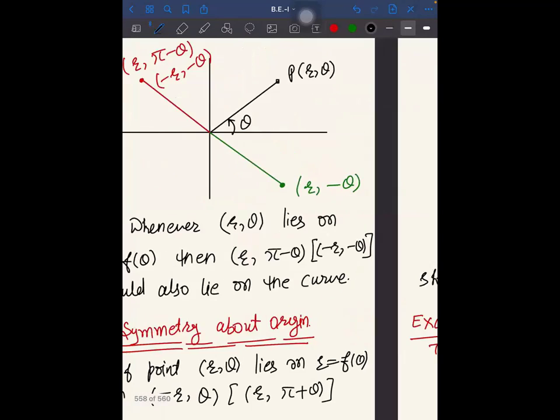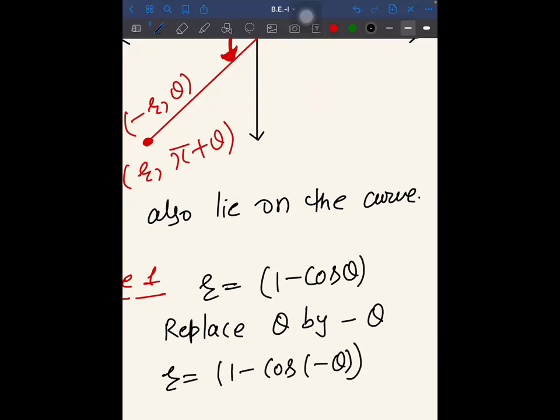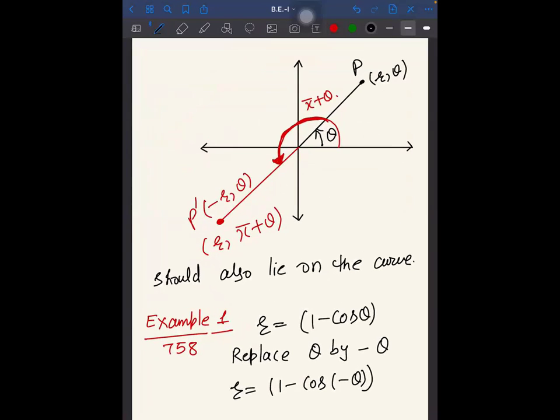Okay, so yes, definitely it will satisfy. Exactly. If you replace theta by minus theta, what do you get? r is equal to 1 minus cos of minus theta. Because you know that cos is an even function, cos of minus theta is cos theta, so it will remain the same: r is equal to 1 minus cos theta.